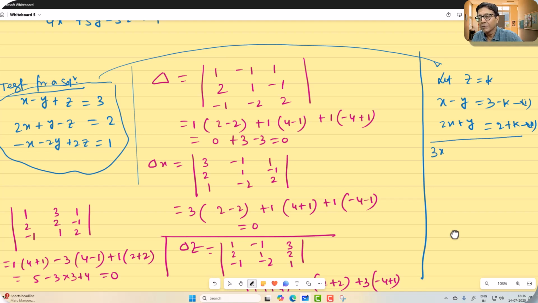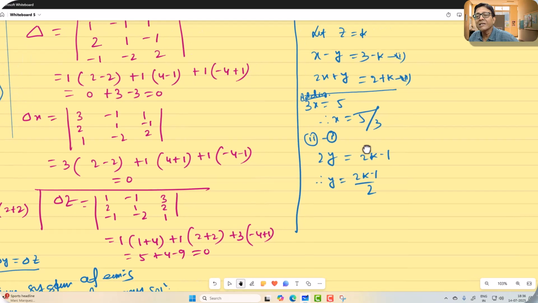Adding, 3x will be 5. x is coming 5 by 3. And subtracting, just do 2 minus 1. This one we got by adding 2 equations. k minus k gets cancelled. And here they don't. If you subtract, 2y will be 2k minus 1. So y will be 2k minus 1 by 2.